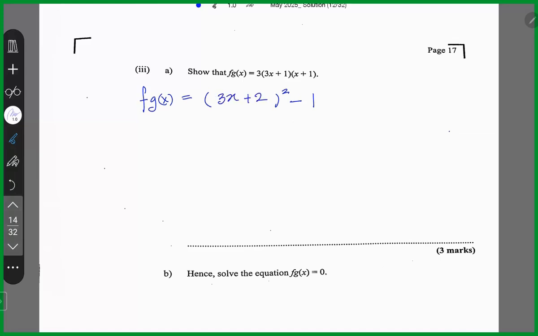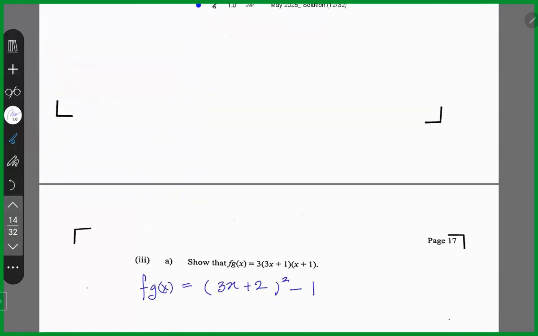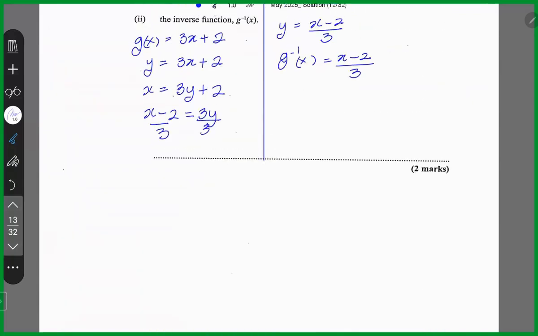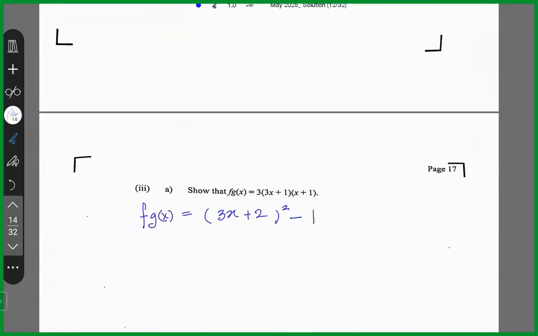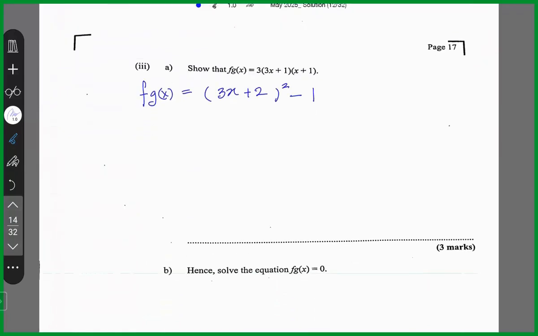Let me just double check. Yes. So let's simplify.